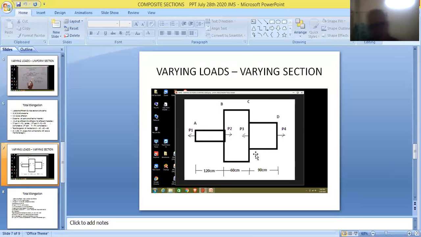Different loads are acting on different components, called varying loads. And all these components are having different areas of cross section, which are referred to as varying cross sections. So this is the area of the first component A1, looking very small.